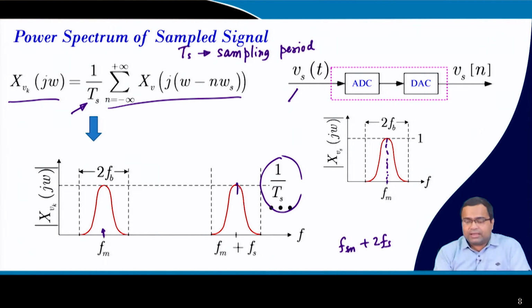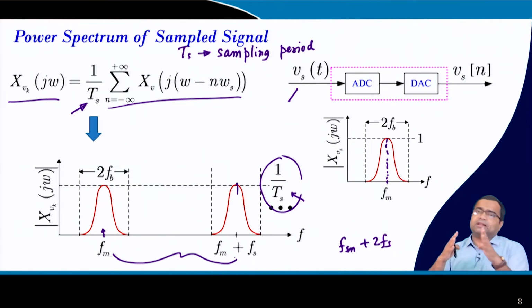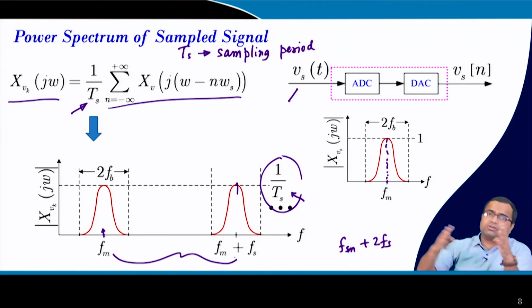Now if we decrease this Ts, that means if the sampling rate is increased, the distance between these two spectra will keep on increasing. So, as if your other band will repeat after a very long time.